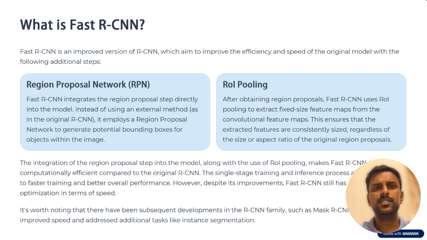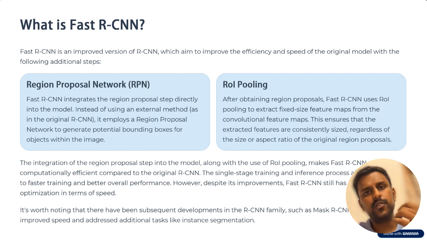Whereas here, since we are embedding it directly into the model, there is time saving and the computational load decreases. So this also improves the overall efficiency of the model. And the single-stage training and inference process also contributes to faster training and overall better performance. However, although it's fast, there is still room for improvement.